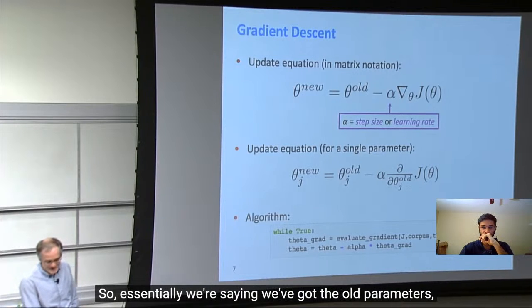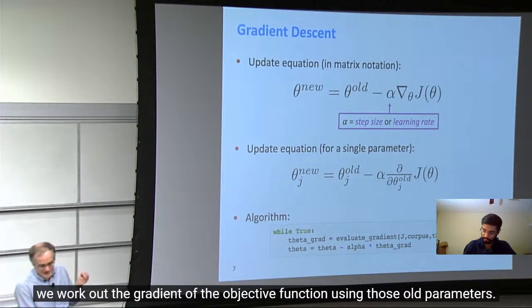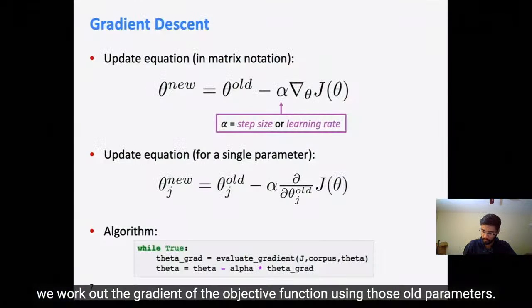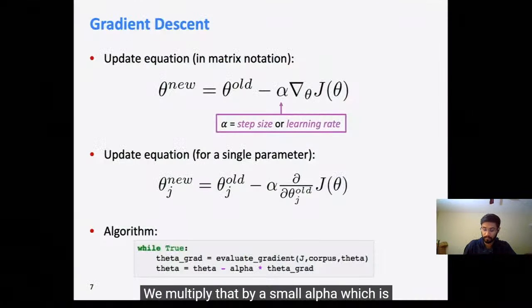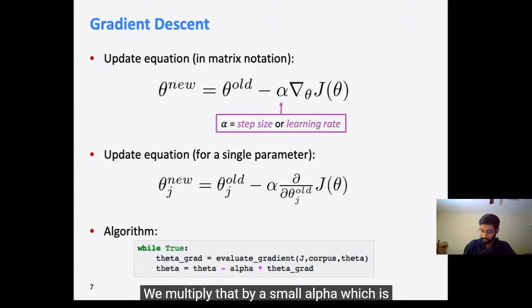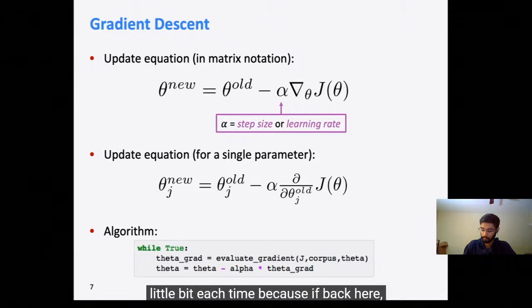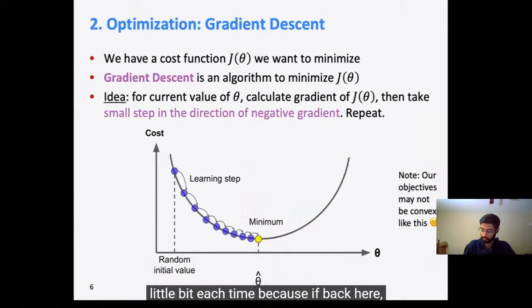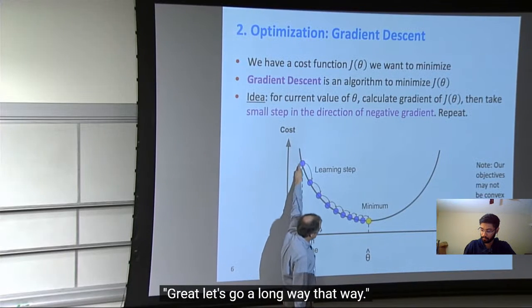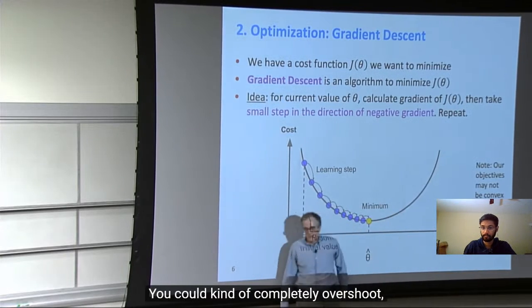So essentially, we're saying we've got the old parameters. We work out the gradient of the objective function using those old parameters. We multiply that by a small alpha, which is our step size or learning rate, because we only want to move a little bit each time. If back here we said downhill is this way and said, great, let's go a long way that way, you could completely overshoot.